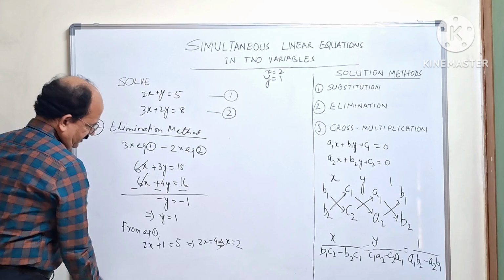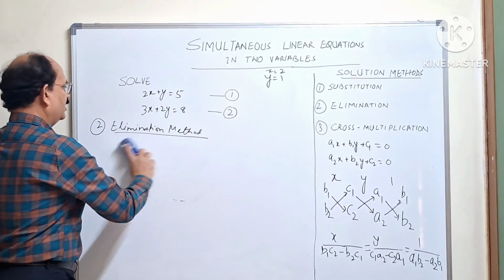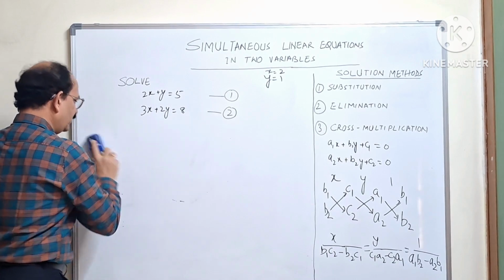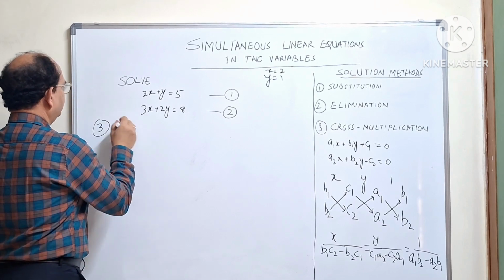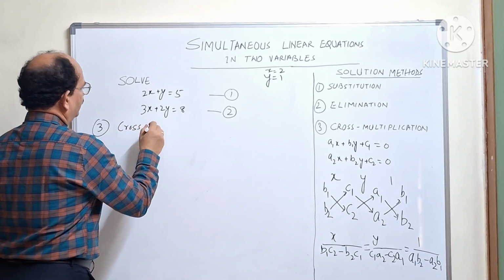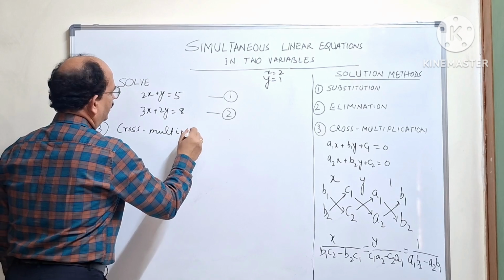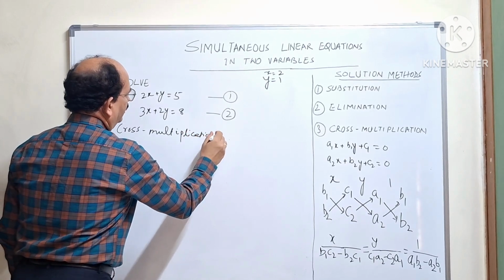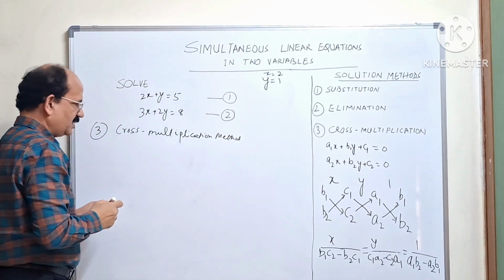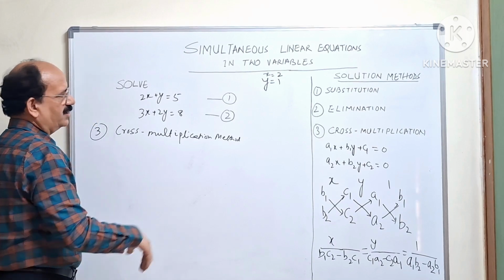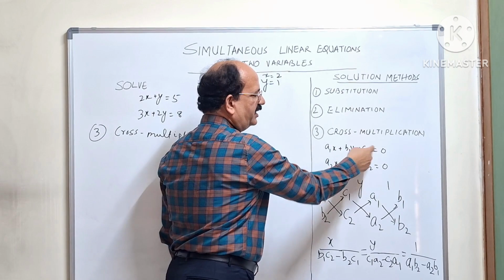The third method is cross multiplication method. So in cross multiplication method, the first thing is that you have to write the equation in this form, a1x plus b1y plus c1 equal to 0.